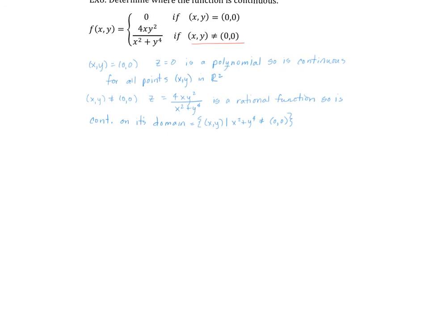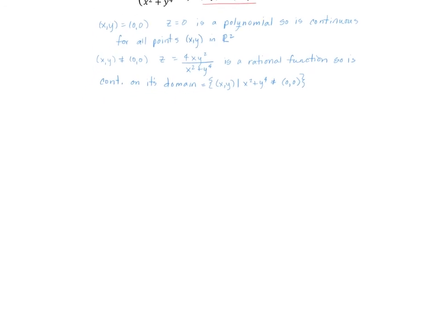What happens at the point 0, 0? So at 0, 0 is where this function may not be continuous. Since I'm discussing continuity at a single point, I'm going to check all the criteria. Is it defined? What is f of 0, 0 equal to?